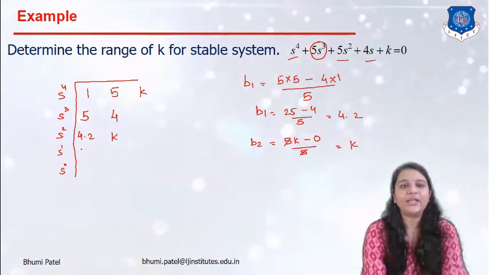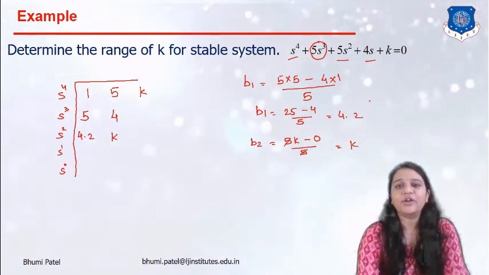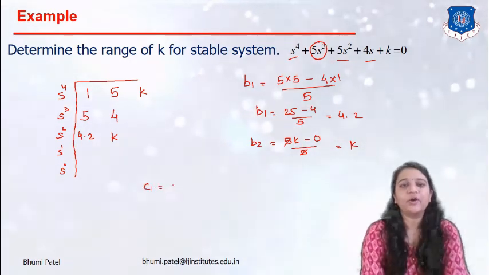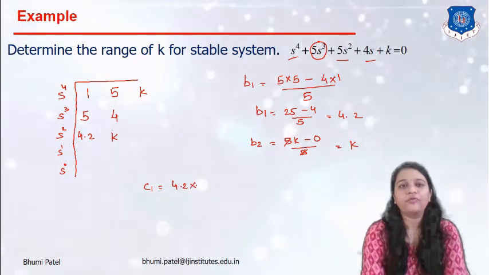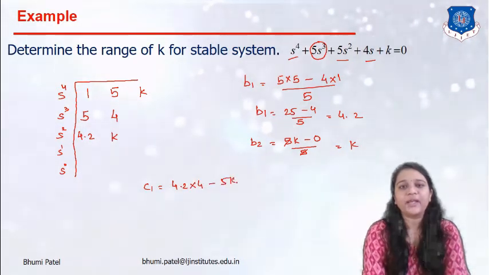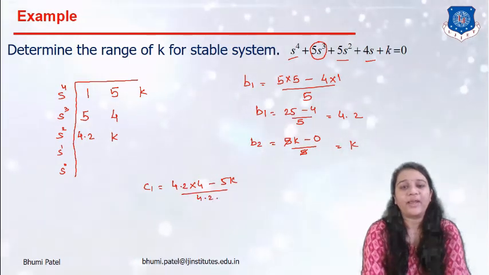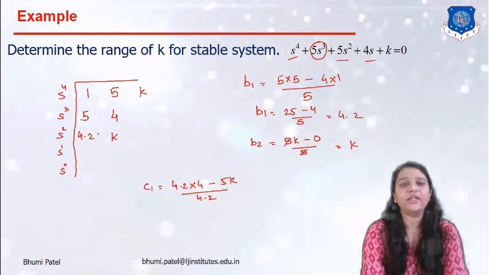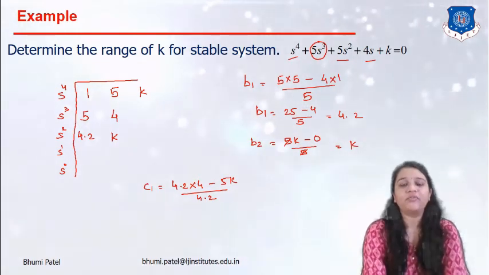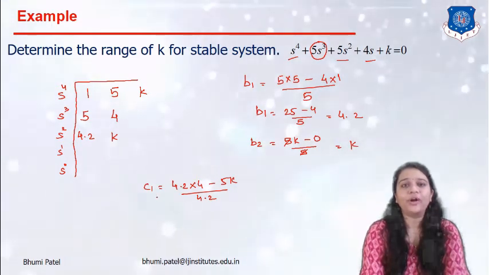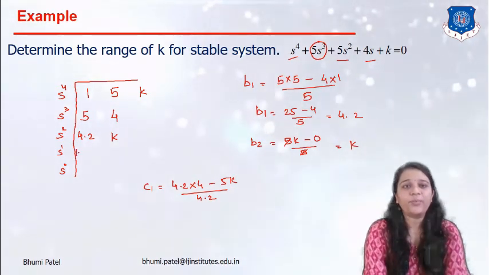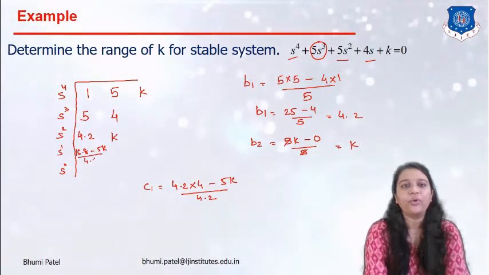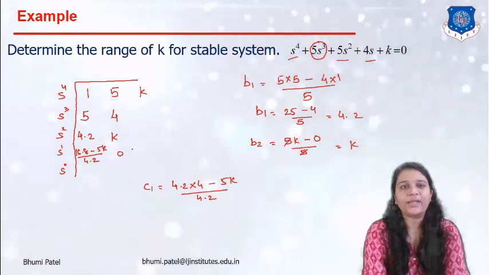Now we have to find the value of c1, and the equation of c1 is 4.2 into 4 minus 5k, divided by 4.2. Whenever we find the value of c1, we consider the second and the third row. We cannot consider the first row. So the value of c1 is 16.8 minus 5k divided by 4.2, and the value of c2 is automatically 0.